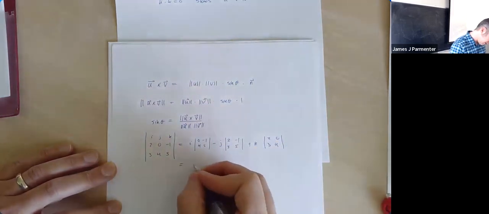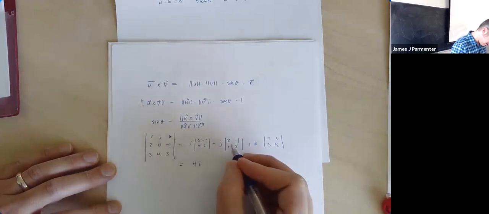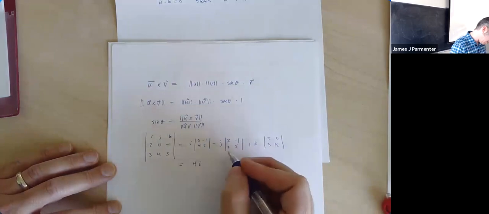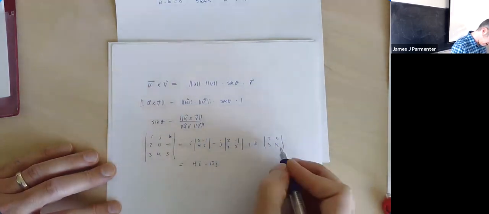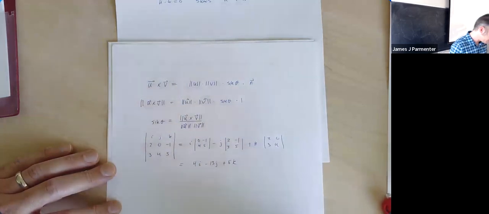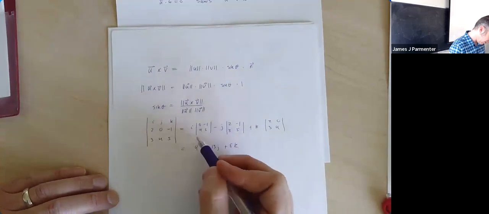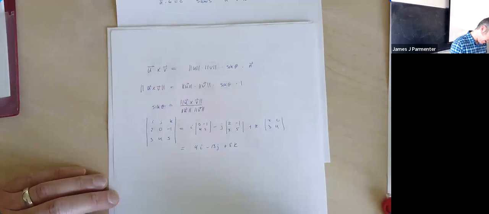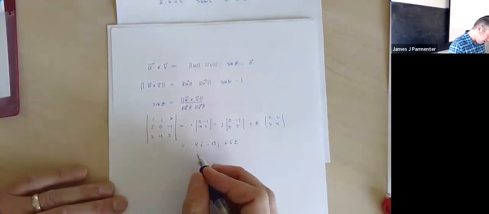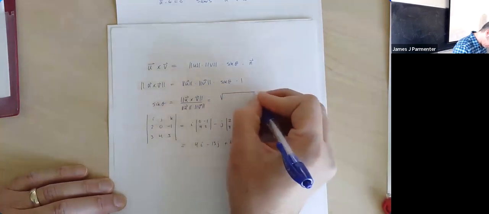So I'm getting 0 minus 4, so 4i, and then 10 minus 3, so minus 13j, and then 8 minus 0, so plus 8k. Let's double check that. 0 minus 4. Yep. 10 minus 3. Yep. Okay. 8 minus 0.